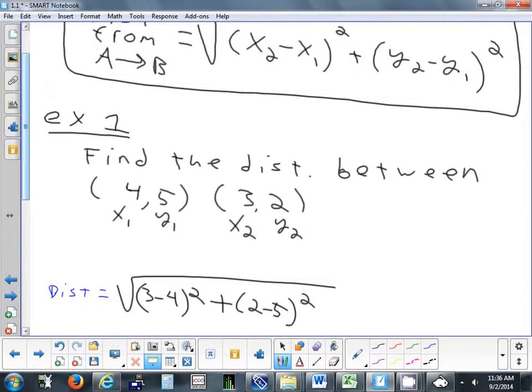If you wanted to avoid negatives, what I would have done is just switch which ones you're calling x1 and x2 and y1 and y2. But it's going to come out exactly the same. So, Emily, what's 3 minus 4? Negative 1, and then squared?